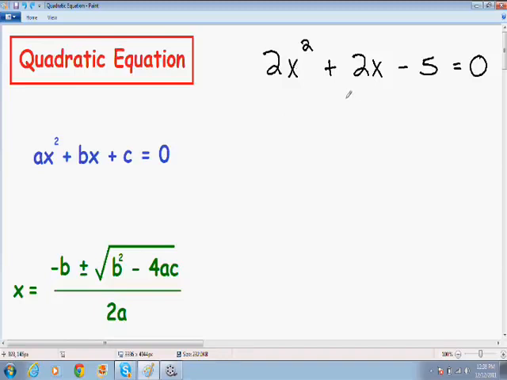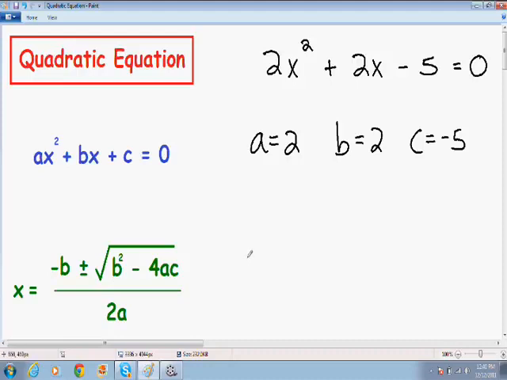The B is always the number in front of the x term, or the middle number. And the C is always the number that is not attached to an x term. So for this particular example, our A is the number 2, which is in front of the x squared term. Our B is also equal to 2 because the 2 is in front of the x term. And our C, which is the number with no x term, is negative 5.